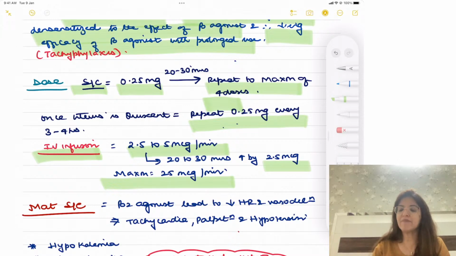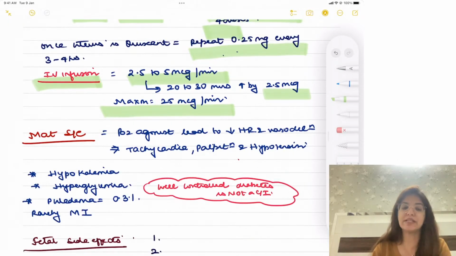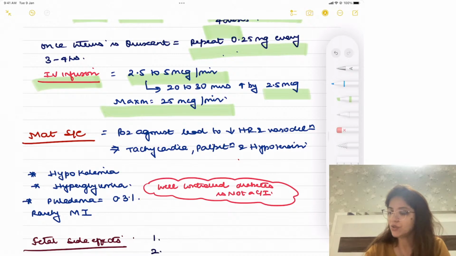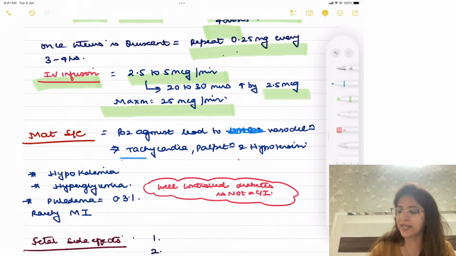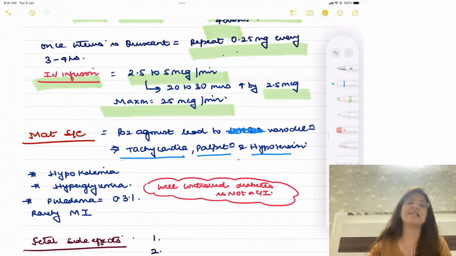Right, then come the maternal side effects. All of you know that beta-2 agonists lead to vasodilatation, right? And because it leads to vasodilatation, there can be tachycardia, palpitations and hypotension, right?